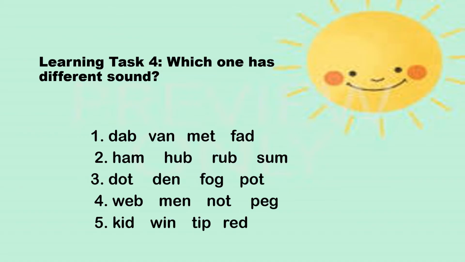Okay, dab, van, mat, fad, the different one is van. Number 2, ham, hub, rub, some. This one is different. Okay, number 3, dot, den, fog, pot. It's den.